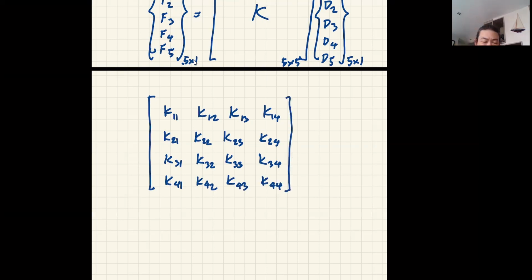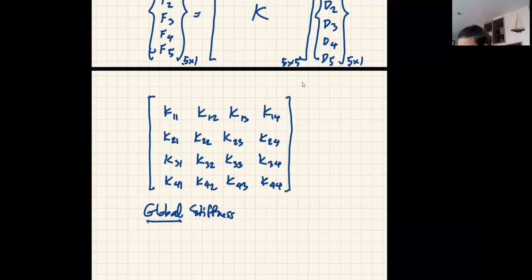It doesn't matter what they are. You just know that this is the global stiffness matrix of member one, just one member. Member number one, not the system.